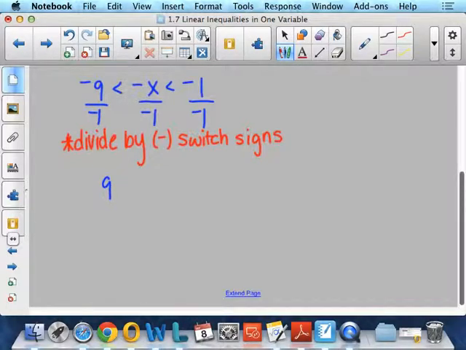Instead of a less than, I switch it to a greater than since I divided by a negative. Negative x divided by negative 1 is positive x. Instead of this less than, I switch it to the greater than, and then a 1. Okay, so remember, anytime you divide by a negative, you just reverse the signs.